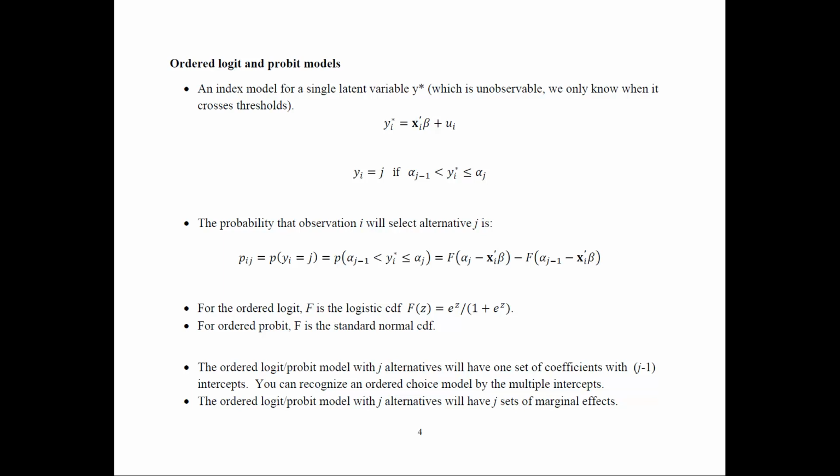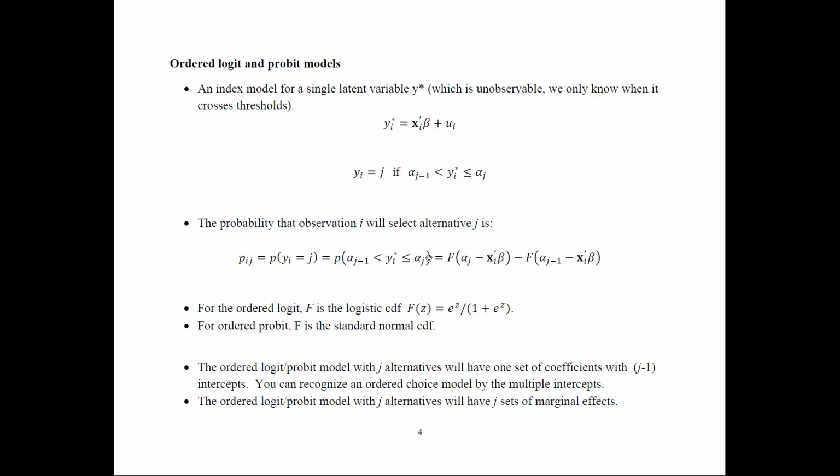And the probability that observation i would select an alternative j, P_ij, would be equal to the probability that y_i equals j, and that's the same as the probability of this latent variable falling between these two thresholds parameters.